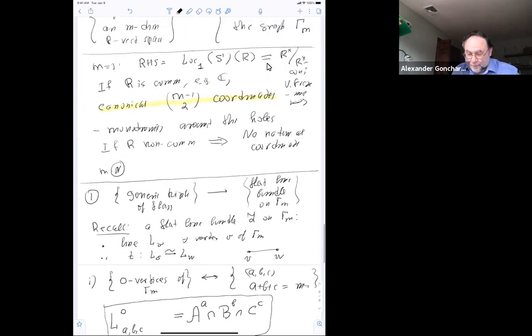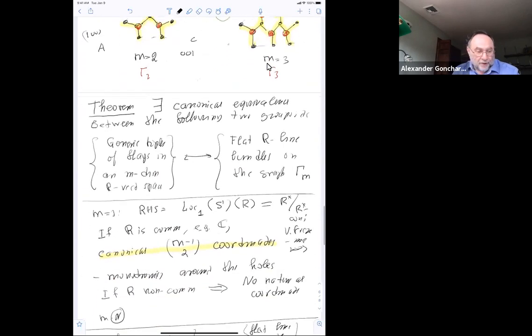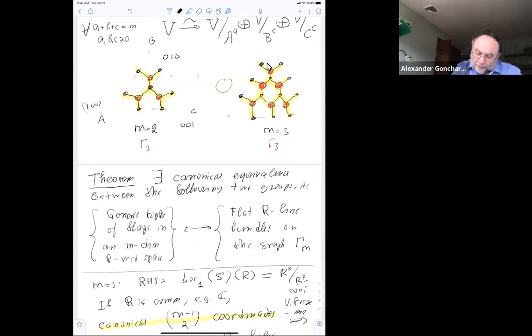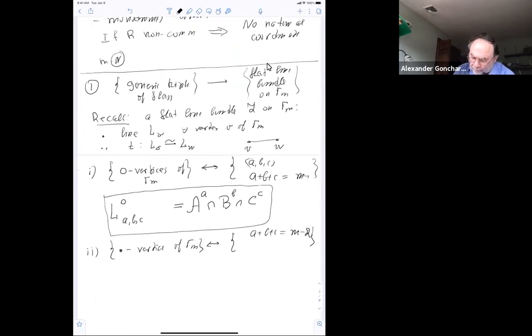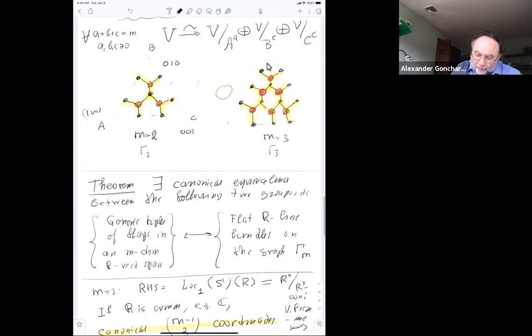I want to talk about only black vertices which sit inside, but at the moment it's not very important. In the M equal to 2 case, there will be only one solution, 0, 0, 0. This vertex is parameterized by 0, 0, 0, and I don't want to consider it at all.